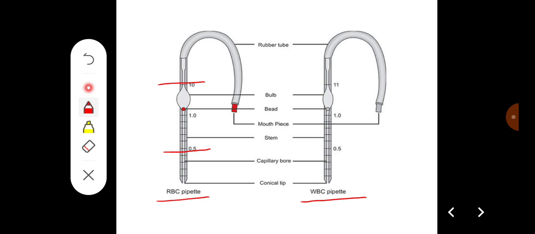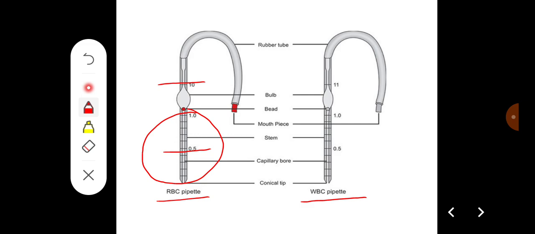Since the fluid remaining in the stem is not going to take part in the dilution, 0.5 part is going to mix with 100 parts of the diluting fluid. Hence dilution here is 1 in 200.